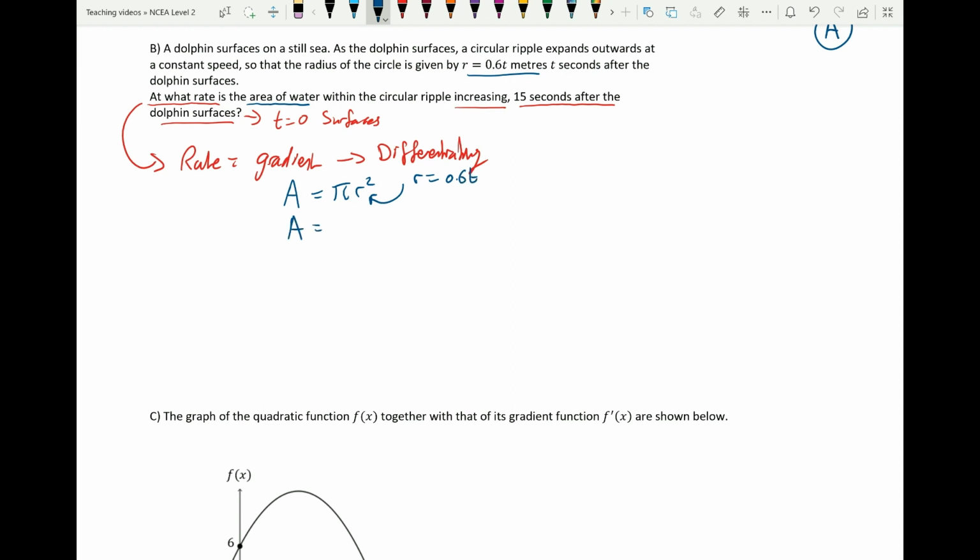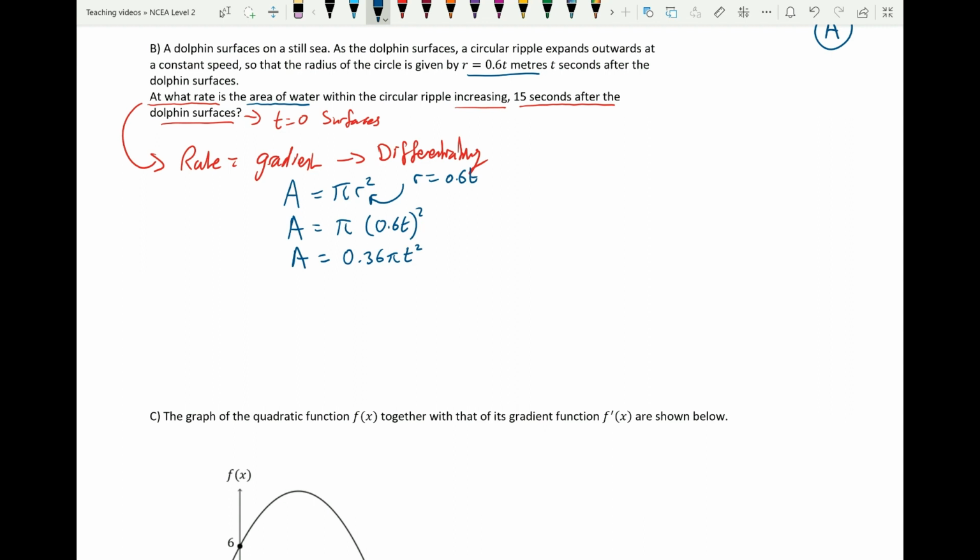So area equals pi times 0.6t, all of that squared. So we need to work out what 0.6 squared is. That is 0.36. So that will be 0.36 pi t squared.